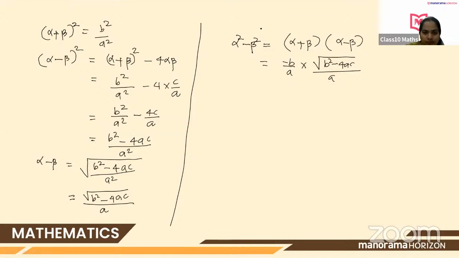Oh, okay, okay. Alpha minus beta the whole square, right?